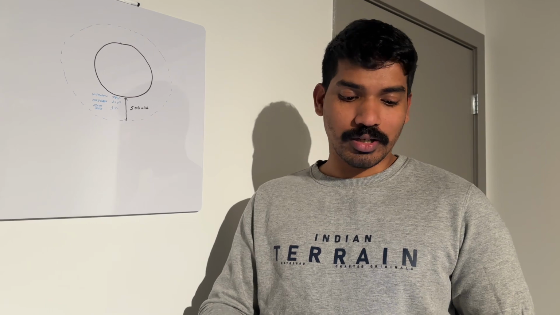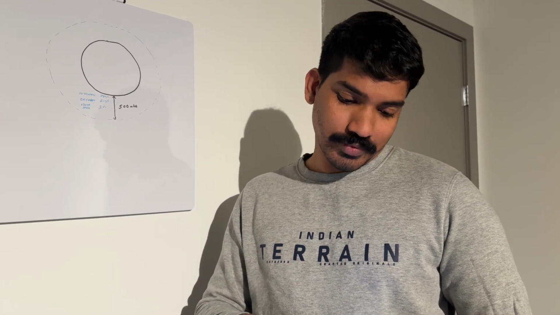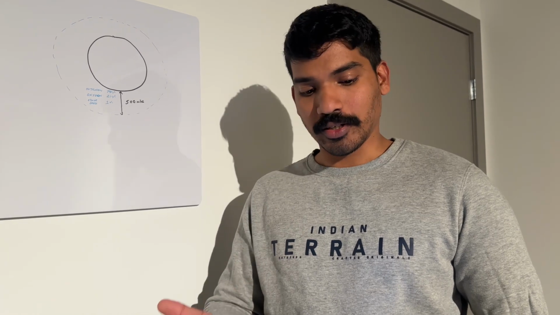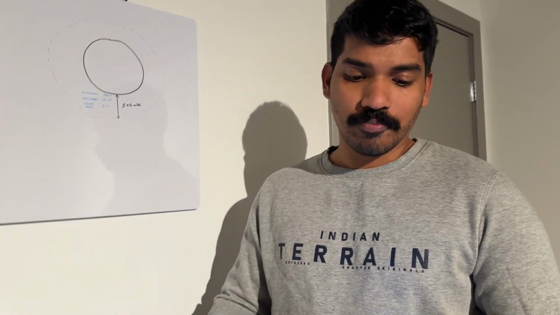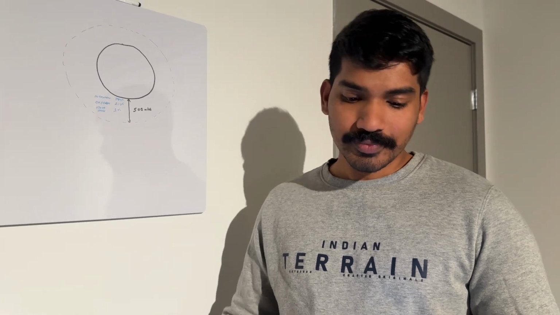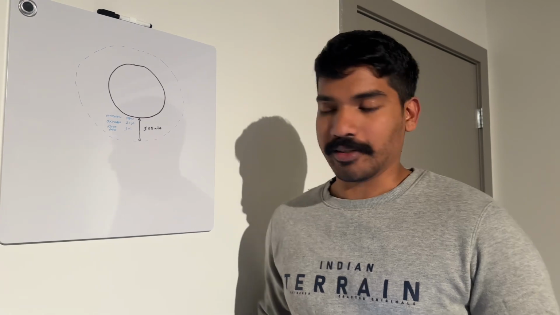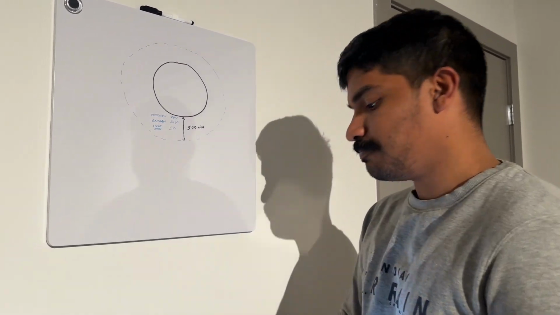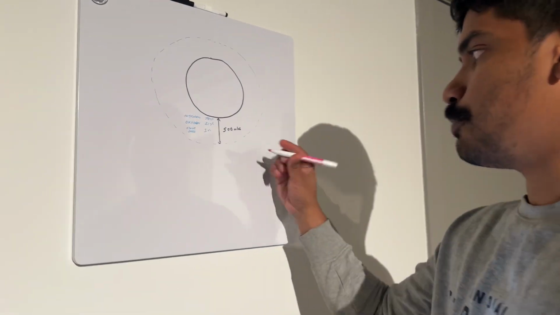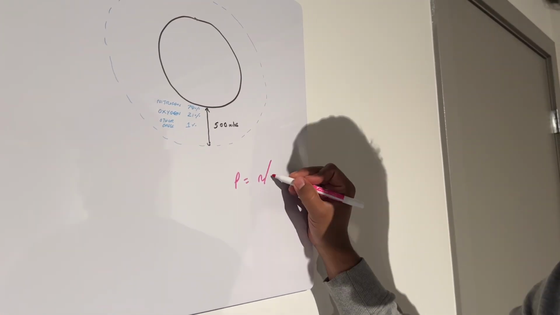So I want to read out the definition of, let's go with pressure first, right? Pressure is the force per unit area acting on a surface, right? And this is measured in newtons per square meter. So pressure is newtons per square meter.